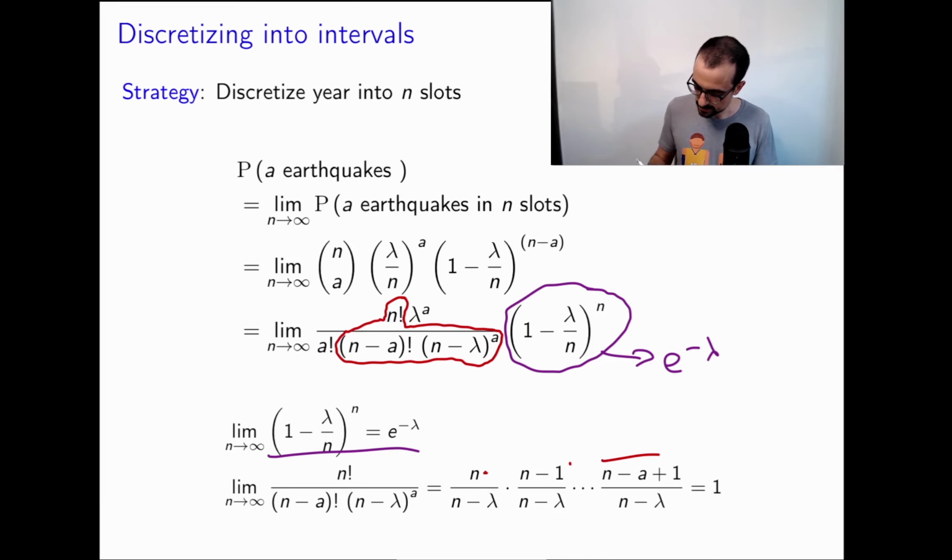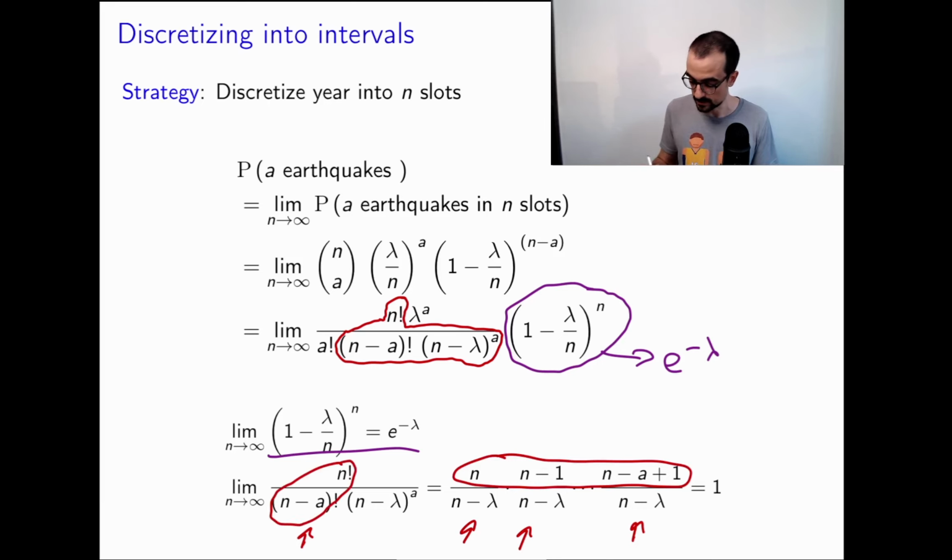And down here, you have n minus lambda, n minus lambda, n minus lambda. This part has been obtained by cancelling out the two factorials, n factorial and n minus a factorial. Below, you just have n minus lambda, a times. Because there's the same number of terms and we're taking n to infinity, these all cancel out and go to 1.